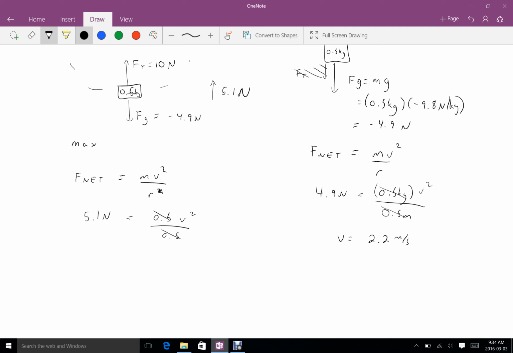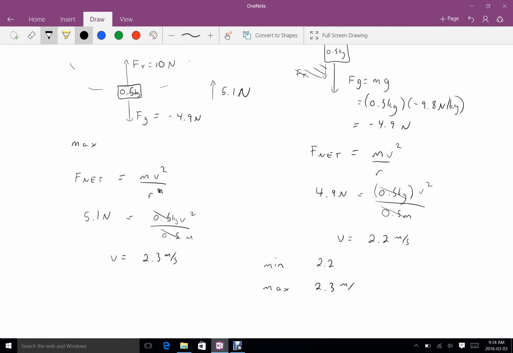These two cancel each other out, and the units, kilograms and meters, all work. So to get v, all I have to do is square root 5.1, which works out to 2.3 meters per second. So those two turned out to be very close to each other. The minimum speed was 2.2 and the max was 2.3.